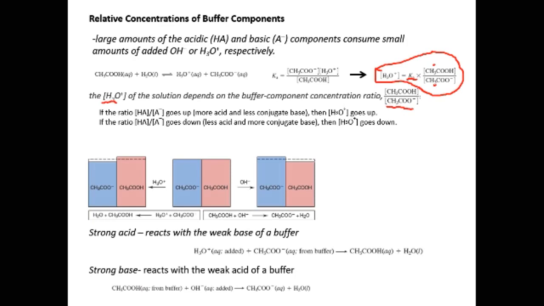If there's more weak acid than weak base, that means there's more H3O plus, so the pH decreases.